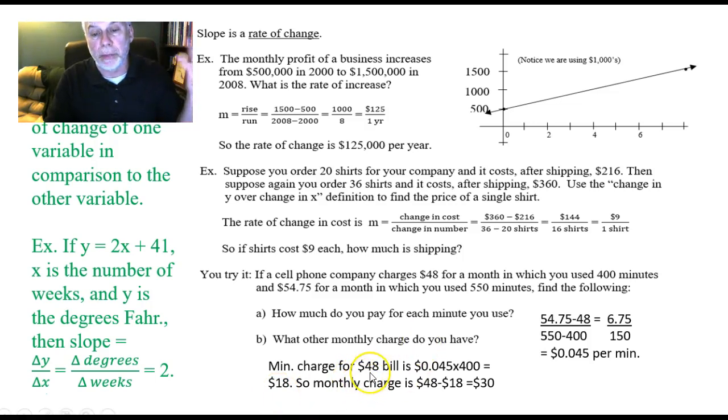Your total bill was $48, so if you subtract 48 minus 18, you get $30. So $30 is your plan fee, or administrative costs, while the minutes fee is 4.5 cents per minute.